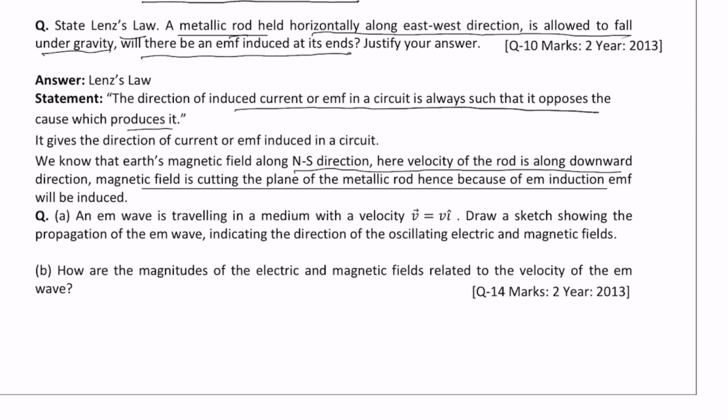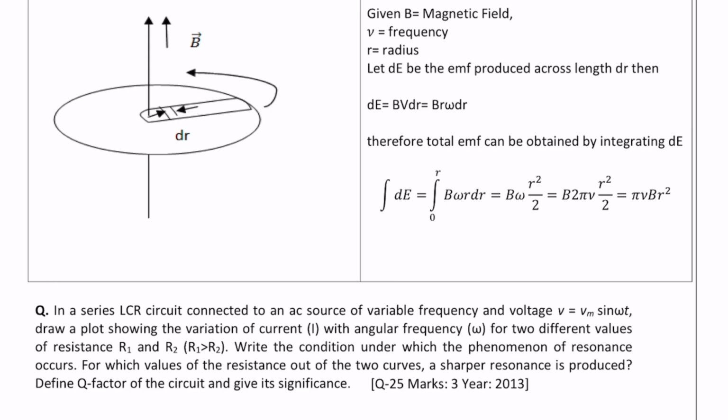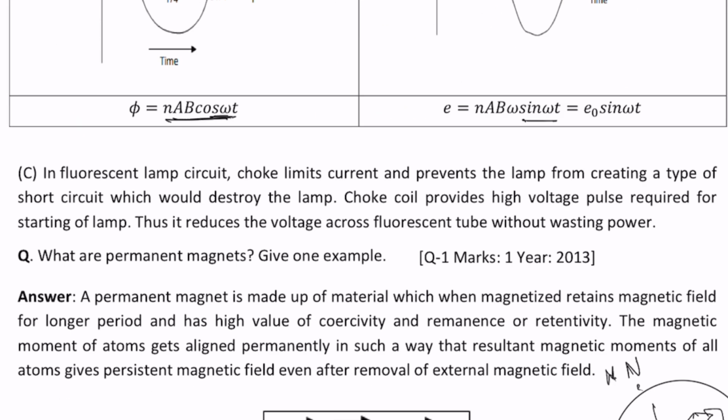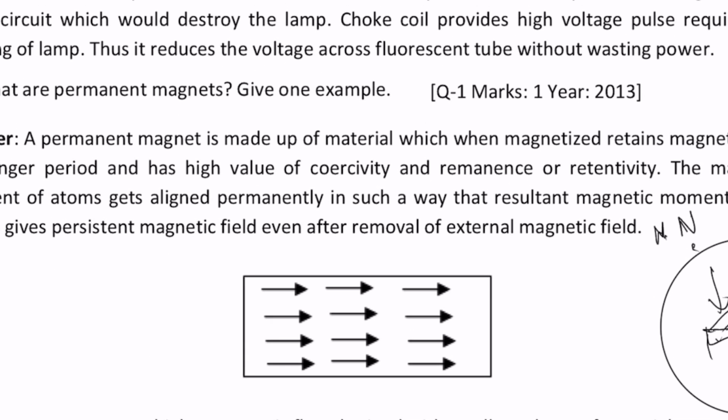Now, an electromagnetic wave is traveling in a medium with velocity V. This will be explained in the later chapter. Okay, it's a simple question. Draw a sketch showing the propagation of the electromagnetic wave, indicating the direction of the oscillating electric and magnetic fields. The electric vector E and the magnetic vector B are perpendicular to each other, and the propagation vector K is perpendicular to the plane of E and B, correct?